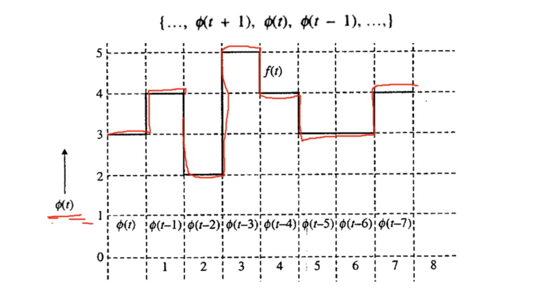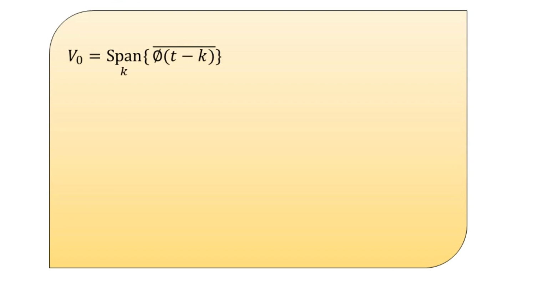As we have already represented the functional set having the translated versions and the original form of the Haar scaling function, let us denote it as capital V0, the function space spanned by the set of bases shown in the above set, and let us denote it mathematically as capital V0 is equal to the span, for k as a variable, of phi of t minus k.